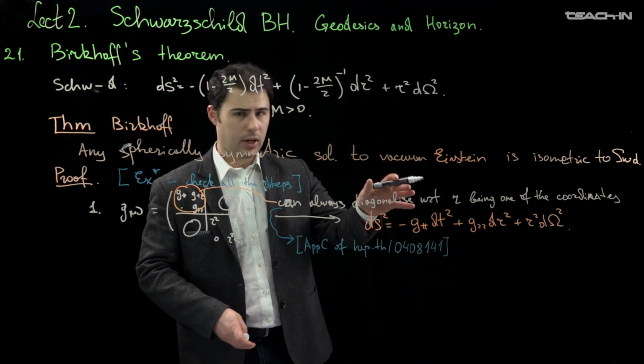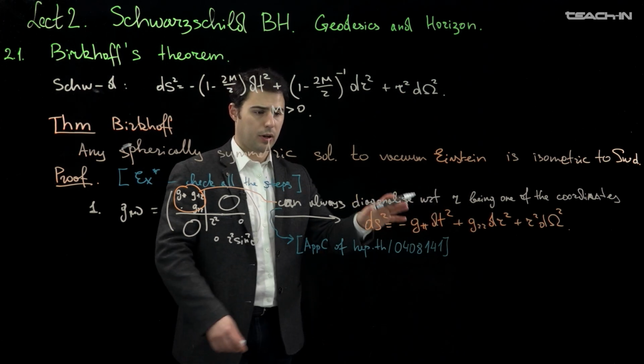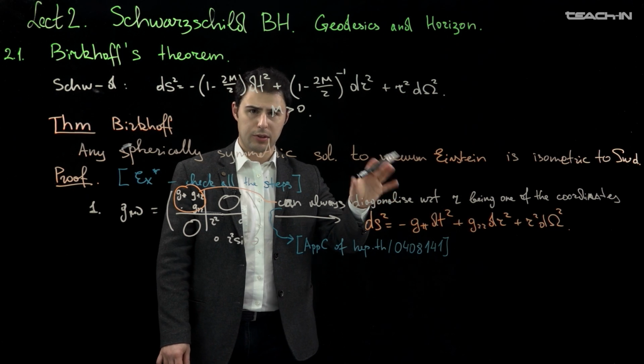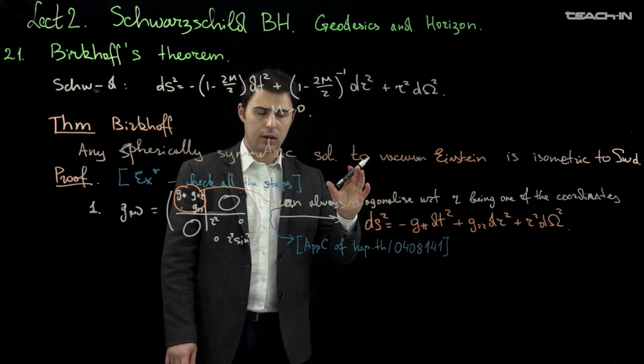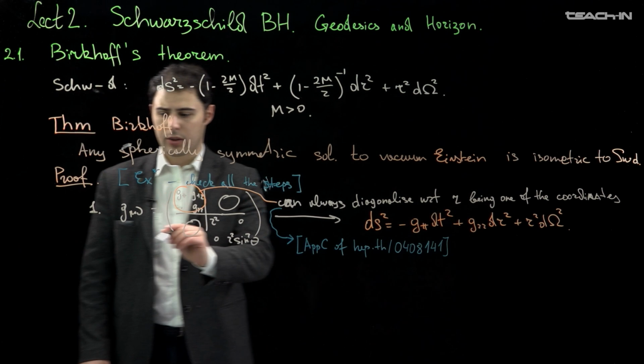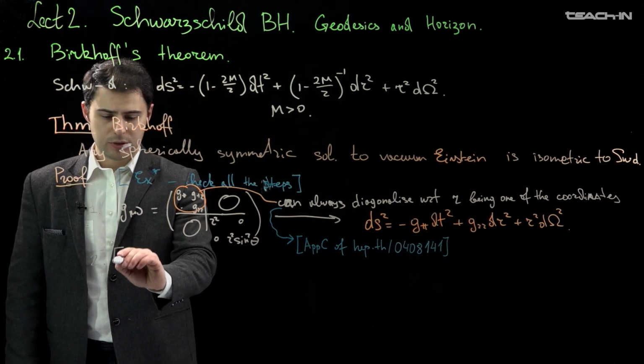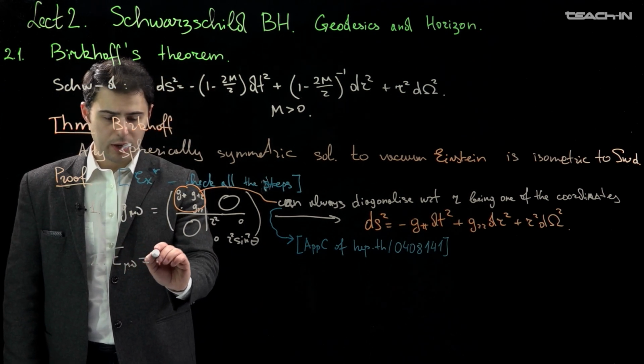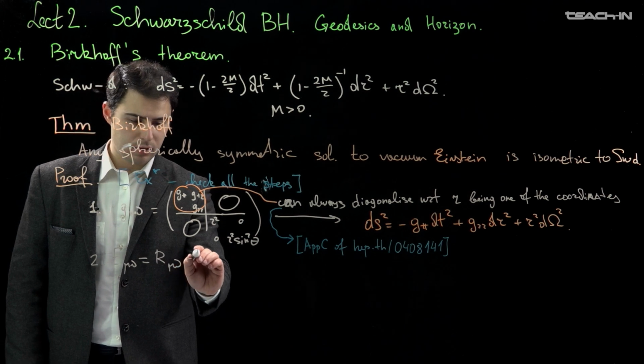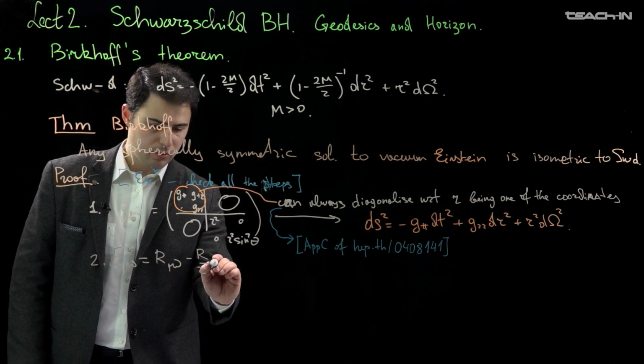Good. So now after fixing the coordinate freedom, we can write the Einstein equations, and they actually solve quite simply.